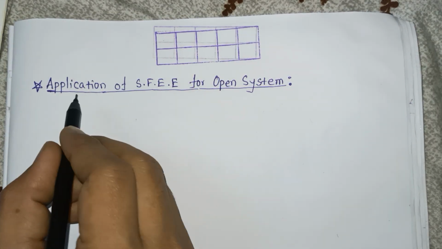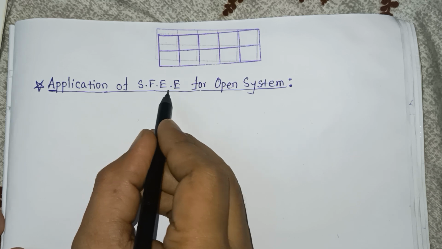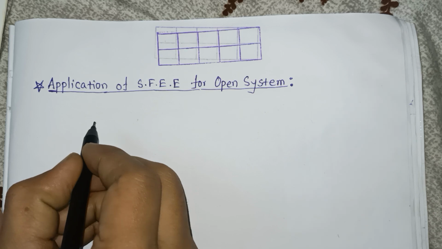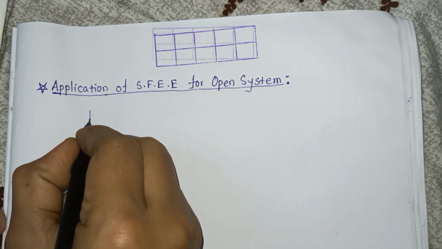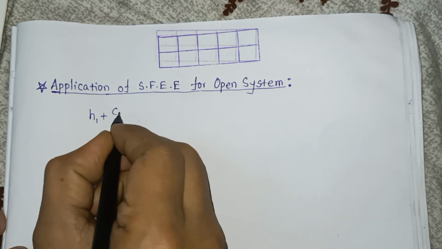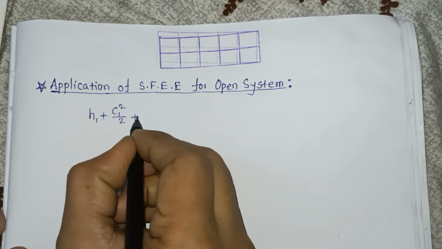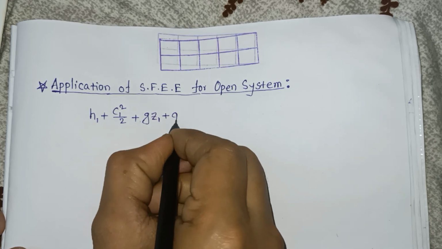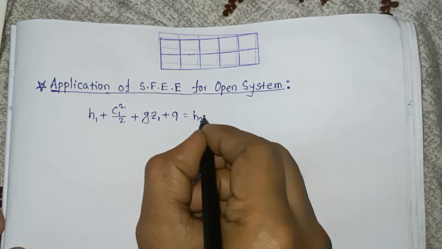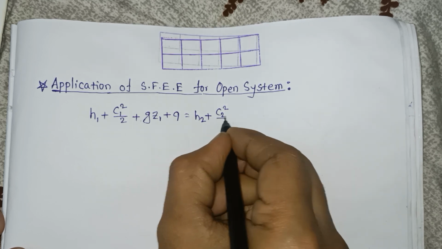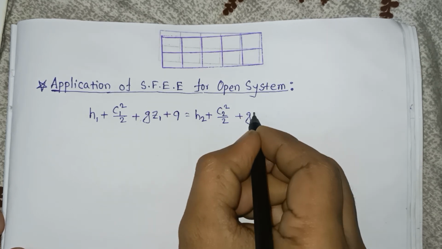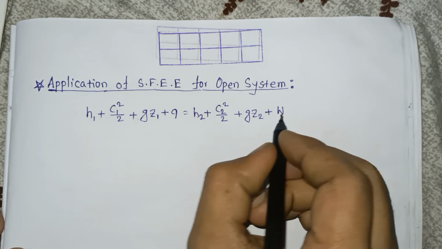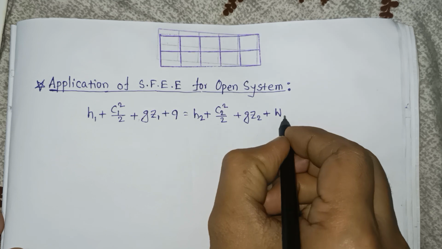Today's topic is application of steady flow energy equation for open system. Now we know that steady flow energy equation is h1 plus c1 square by 2 plus g z1 plus Q, that is equal to h2 plus c2 square by 2 plus g z2 plus W. So this is the W of control volume.